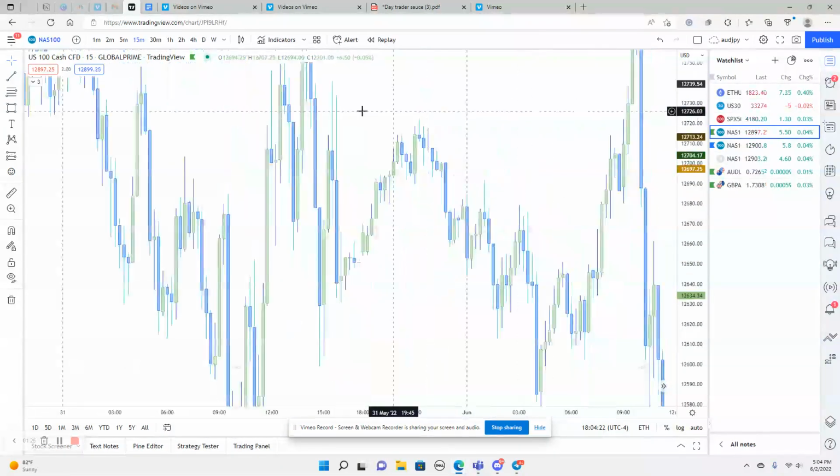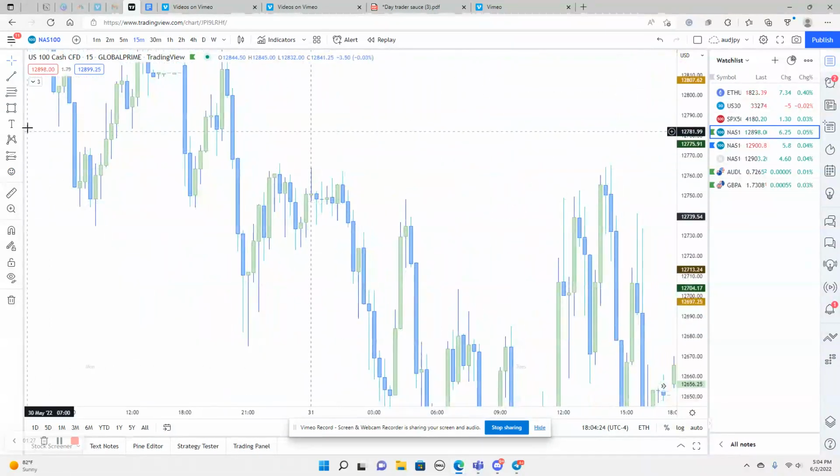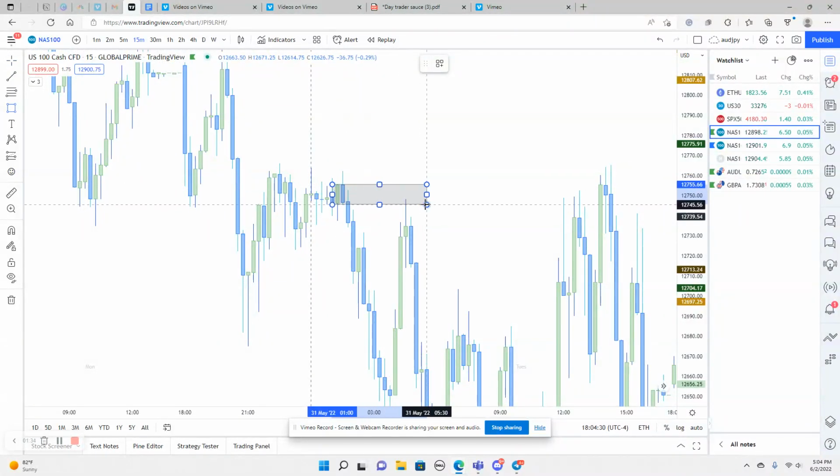There are two ways you can draw an order block, and let's talk about it. So the first way, you can draw it from block to block, or I would draw, this is a bearish order block. So for bearish order blocks, I would draw it from the top of the candle to the bottom of the wick.